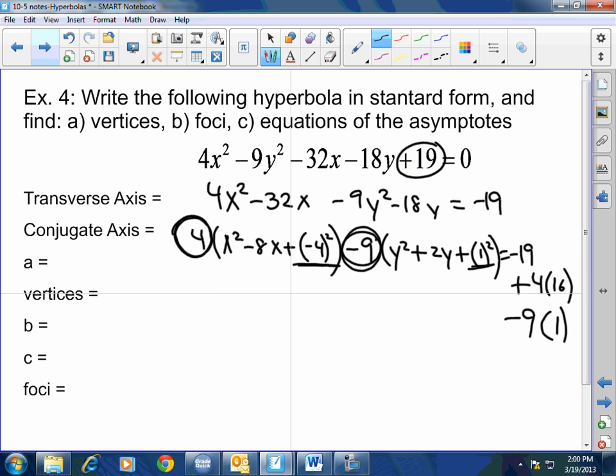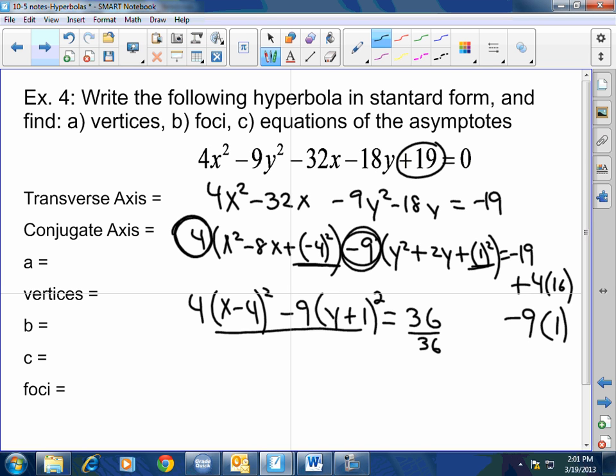So now when I complete the square, I'm going to get 4 times x minus 4 squared minus 9 times y plus 1 squared equals 36. I know that it's a hyperbola, so I'm going to have to divide both sides by 36. And I'm going to get x minus 4 squared over 9 minus y plus 1 squared over 4 equals 1.